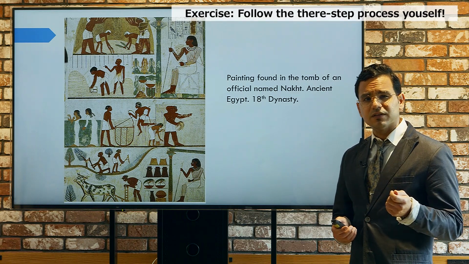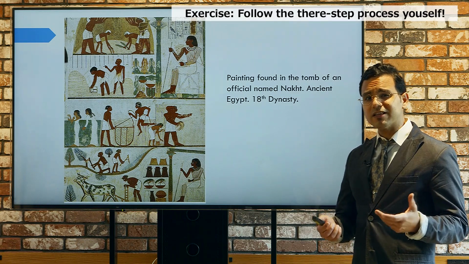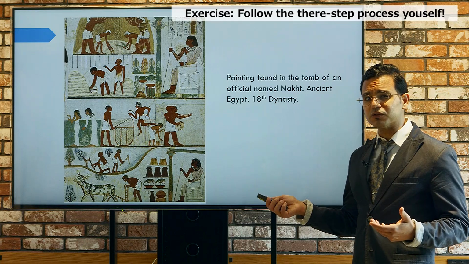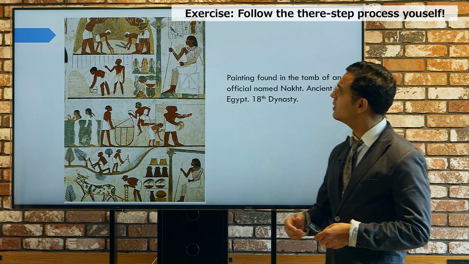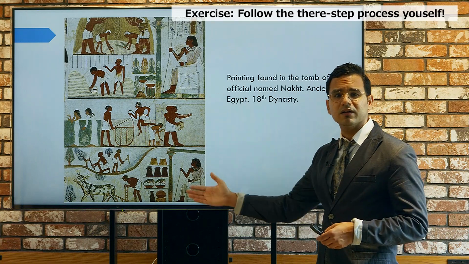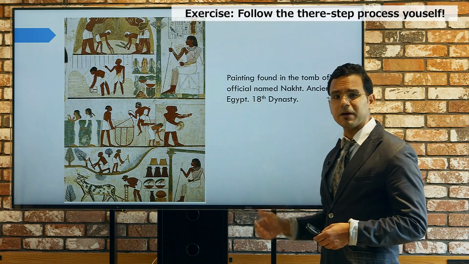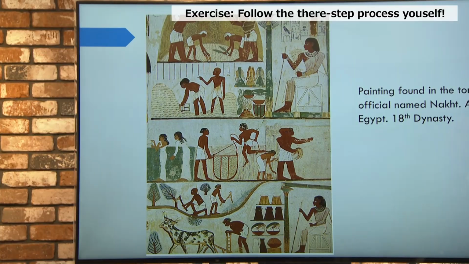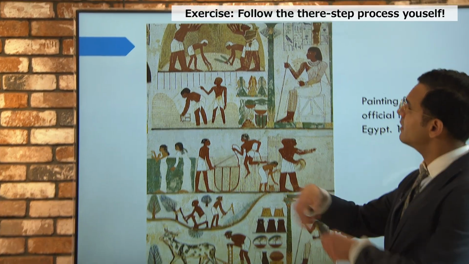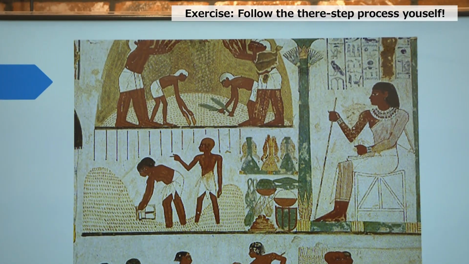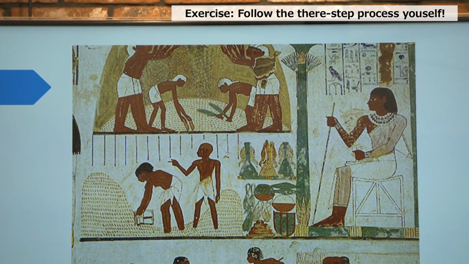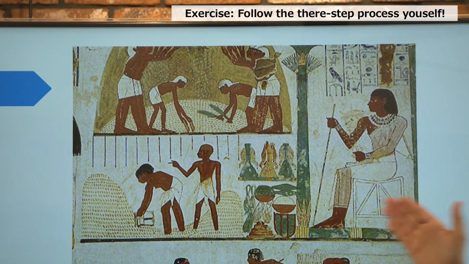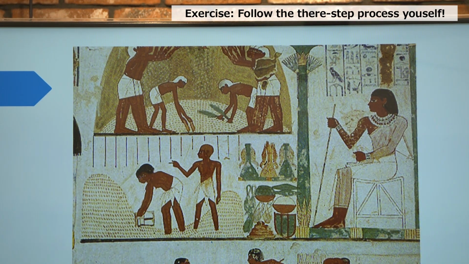Well, let's think first. Description. What is it that you see in this visual source? Well, we see people working in 3 different planes. We see them planting here on the top, some sort of grain, and we see someone sitting, looking at them, watching over them.